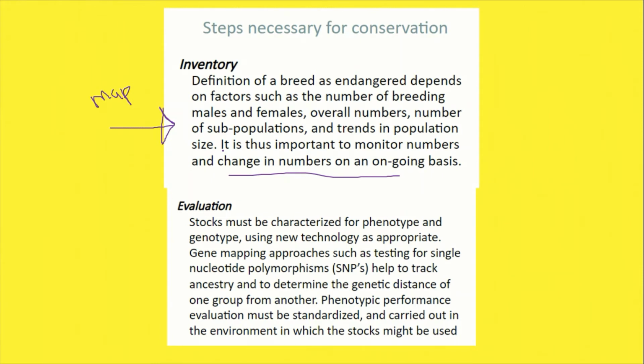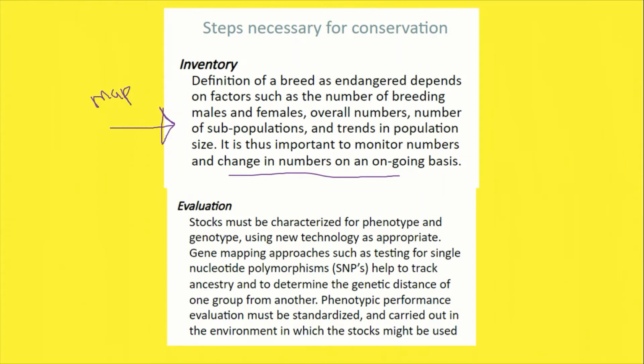So you do a map of the numbers of this population, their subpopulations, and their overall numbers on an ongoing basis, to understand how they are changing with time. Therefore you can note if they are increasing, if they are decreasing, if they are becoming endangered, or many other factors that could be unfolding.